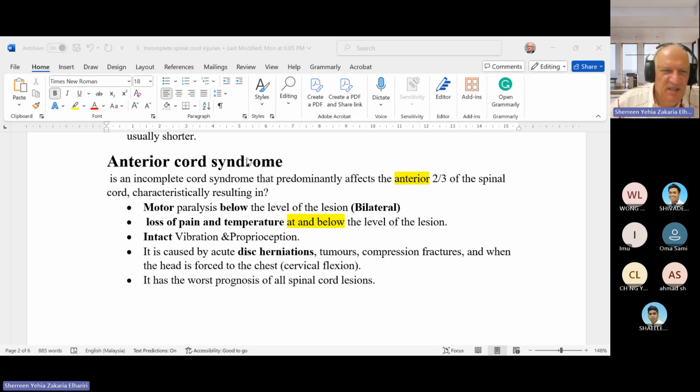It occurs sometimes in infection, something called transverse myelitis, some viral infection. It is a medical disease, so not to worry. It can occur in severe cases of disc prolapse, tumor, compression, and also in cervical flexion acceleration trauma.